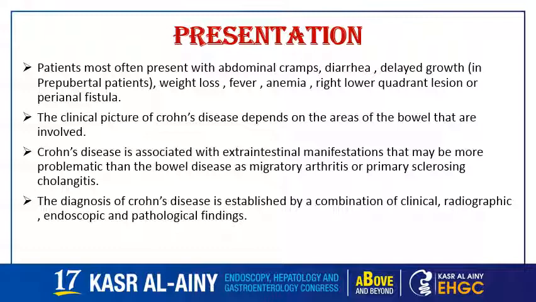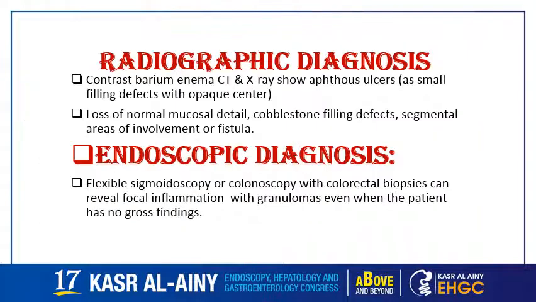The diagnosis of Crohn's disease is established by a combination of clinical, radiologic, endoscopic, and pathologic findings. Radiographic diagnosis: contrast barium enema visualized through CT or X-ray shows abscess ulcers as a small filling defect with opaque center, or loss of normal mucosal detail, cobblestone filling defect, segmental areas of involvement, or fistula.